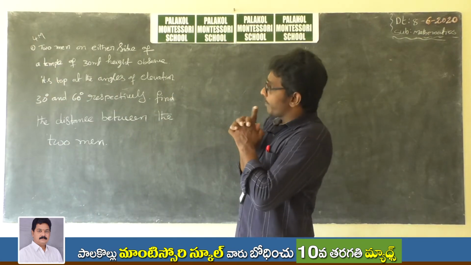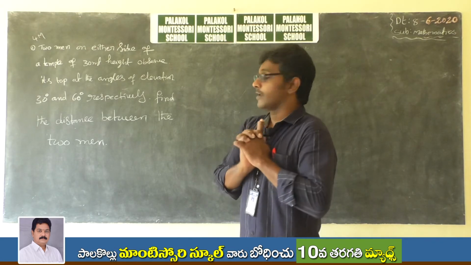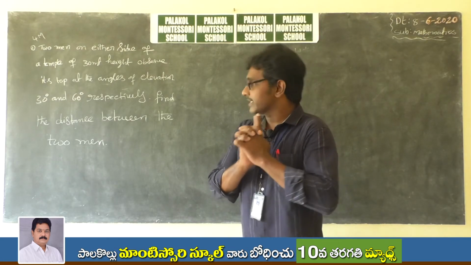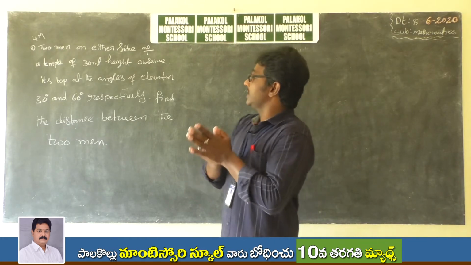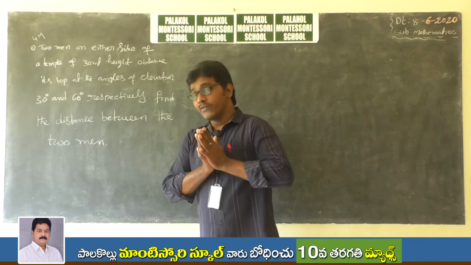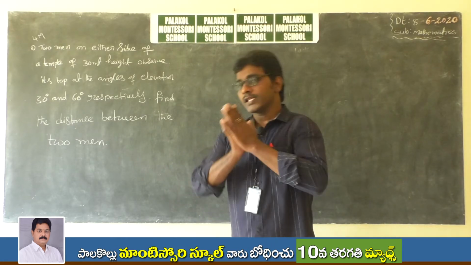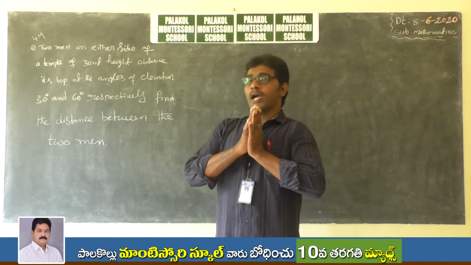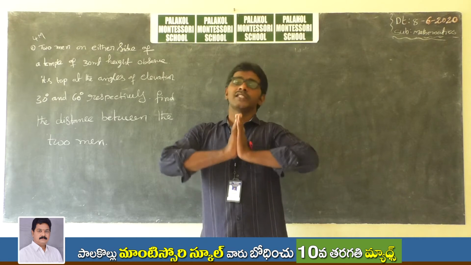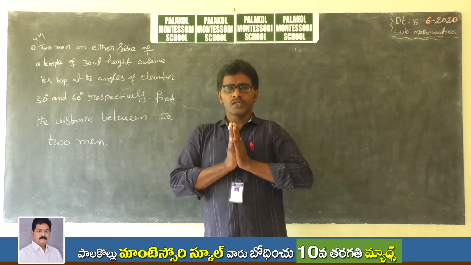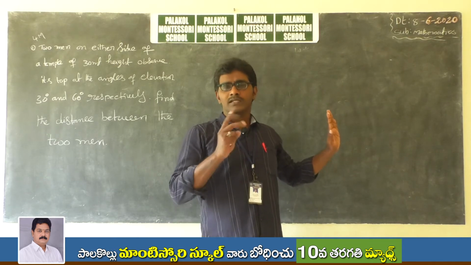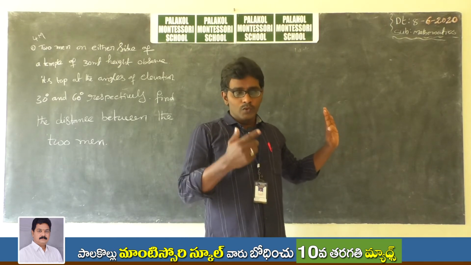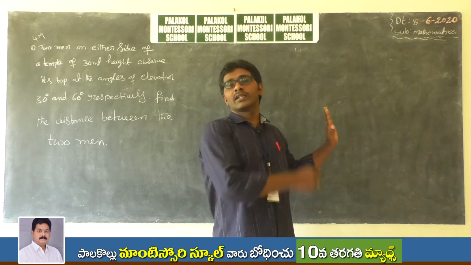Two men on either side of a temple, whose height is 30 meters, observe its top at angles of elevation 30 degrees and 60 degrees. Guys, first use your imagination. One temple is there, 2 persons are there. The 2 persons are on either side of the temple.